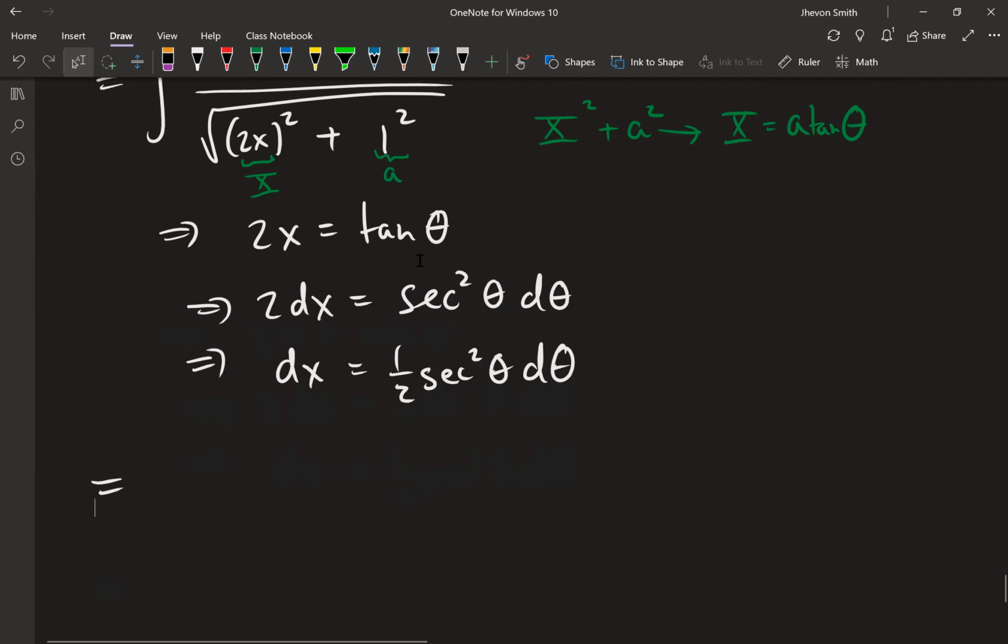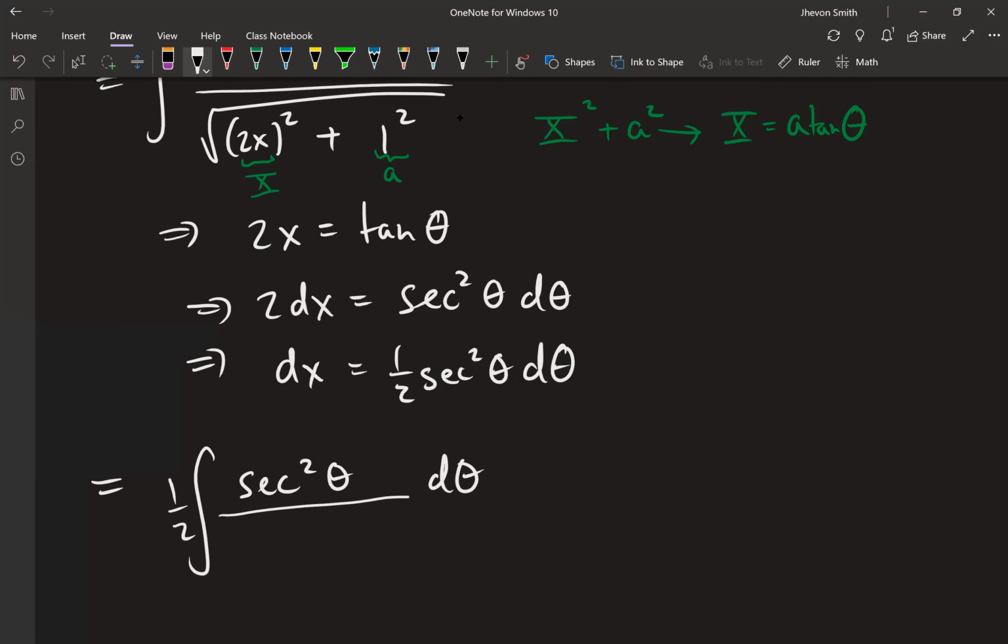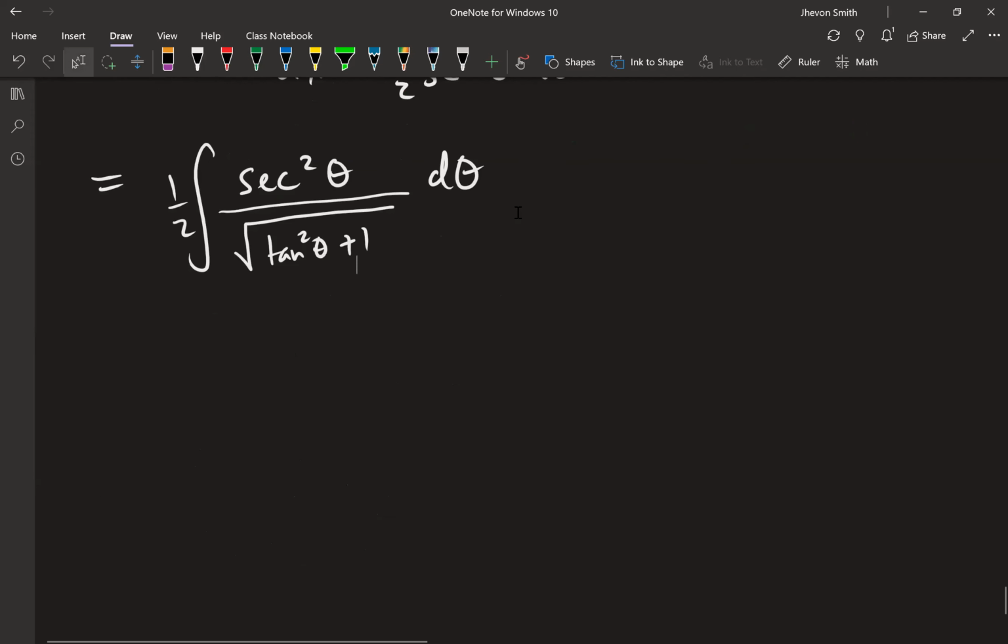So you would have 1/2 secant squared theta d theta over the square root of, well, if my 2x is now tangent theta, then that's just going to be tangent squared theta plus 1, which is secant squared. So the radical of that is secant.